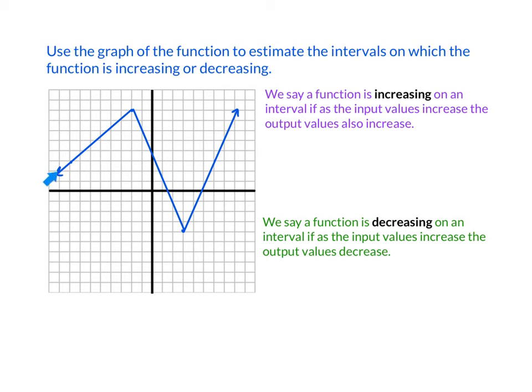So always start on the left, just like we're reading domain. I'm starting on the leftmost part of the graph, and as I try to follow it right, I want to stay on the graph, but I want to move to the right. What else am I forced to do? In this part of the graph, I'm forced to go up as I try to move to the right. So this interval of the graph is increasing until right here.